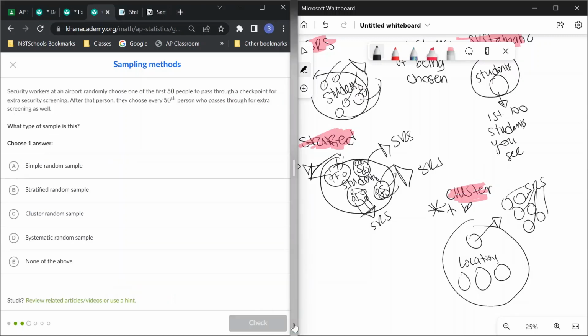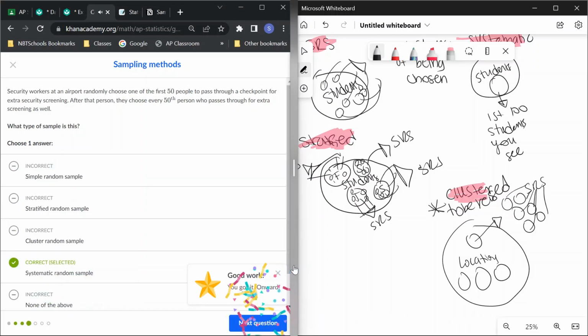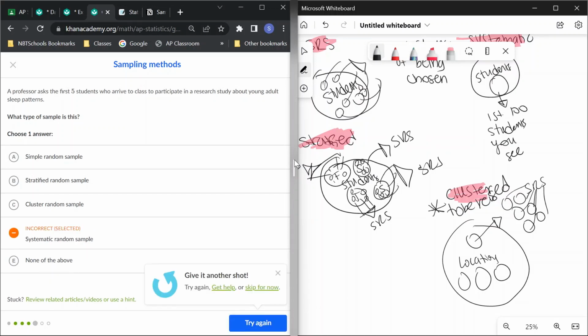I forgot. Okay, security workers at an airport randomly choose one of the first 50. Oh, this is systematic again because it's one of the first 100, first 50, first whatever. A professor asked the first 5 students. Okay, systematic again. Let's slow down. The first 5 students who arrived to class to participate in a research study about young adult sleeping patterns.